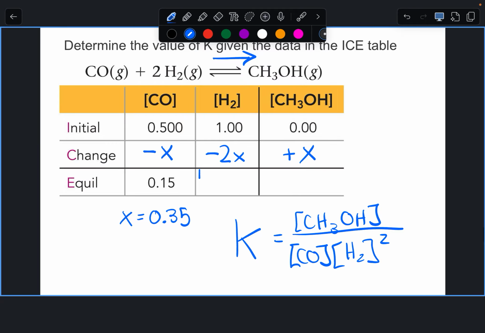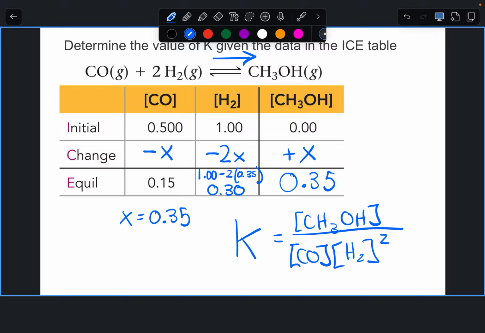So this one will be 1 minus 2 times 0.35, or 0.30. Okay? And then in this case, it's 0 plus 0.35, so it's just 0.35. Okay, so this was end of class last week, or Monday, last class.